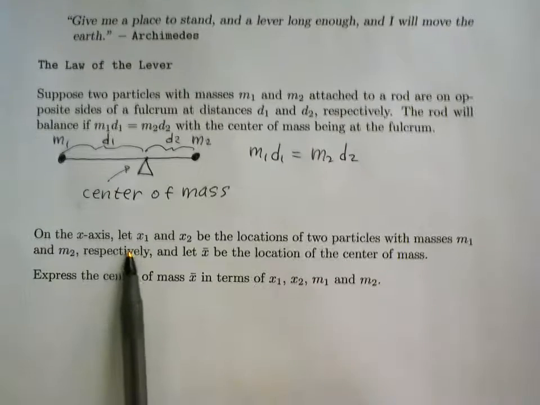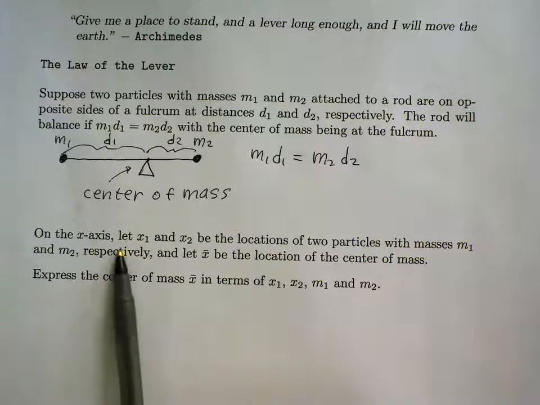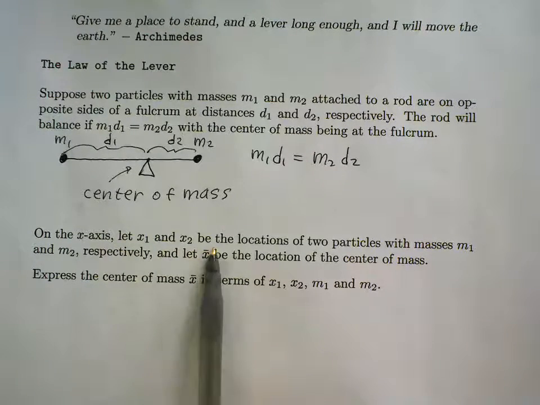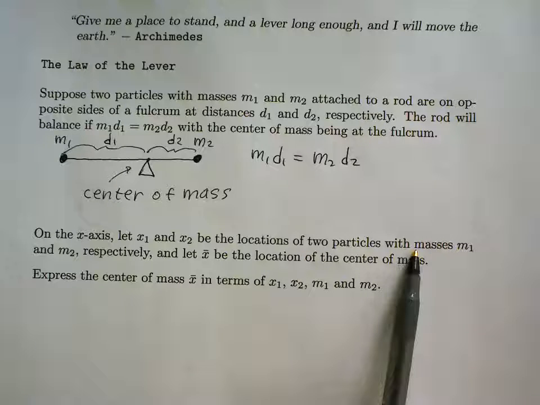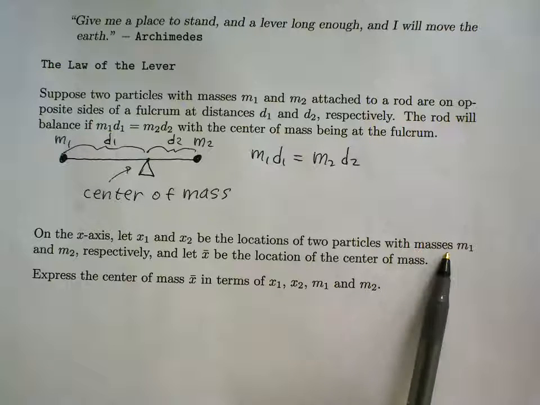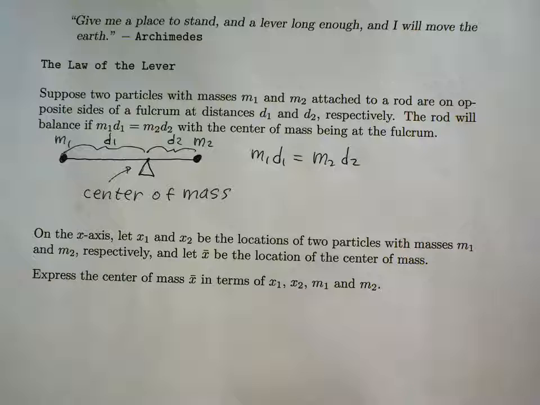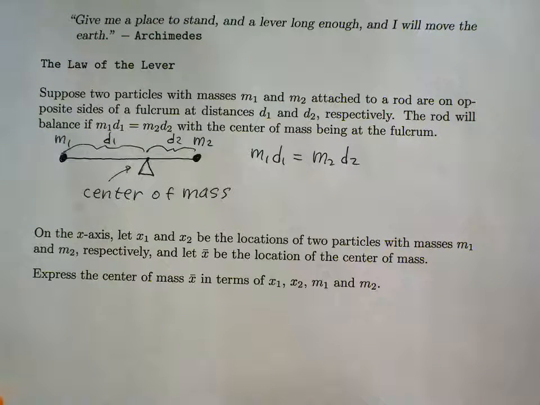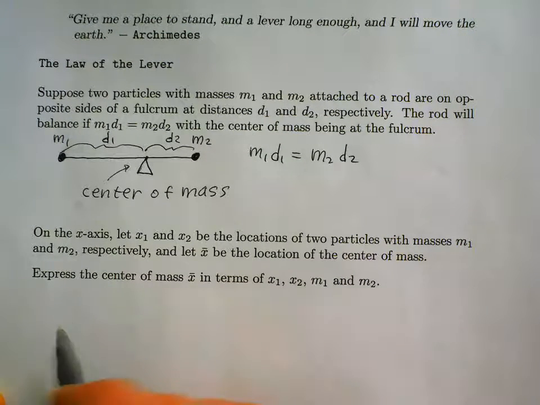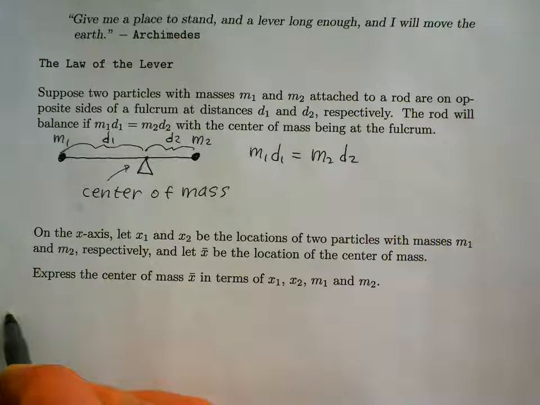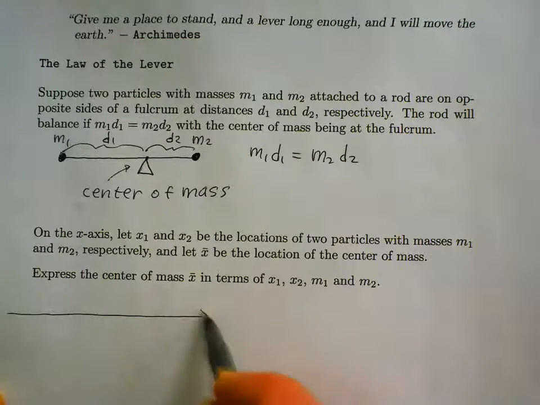Okay, on the x-axis, let x1 and x2 be the locations of two particles with masses m1 and m2 respectively. And let x bar be the location of the center of mass. So we'll draw another diagram. We have the x-axis.